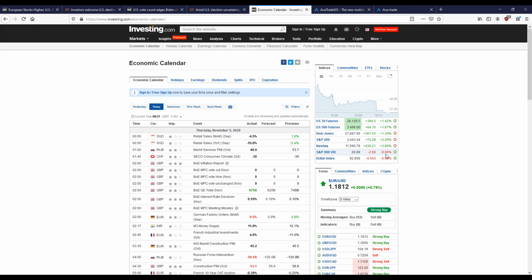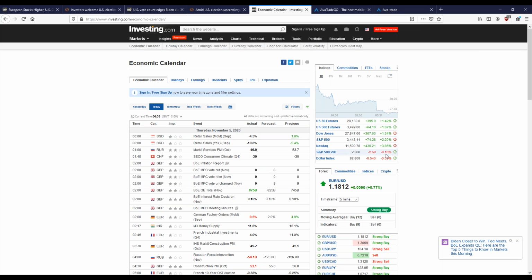The positive momentum on the markets right now, according to many experts and articles we've looked at, is the fact that investors are rejoicing that the Republicans held the Senate, and that a Biden presidency would not mean that he can just quickly ram through higher taxes on corporations, higher regulations, etc.